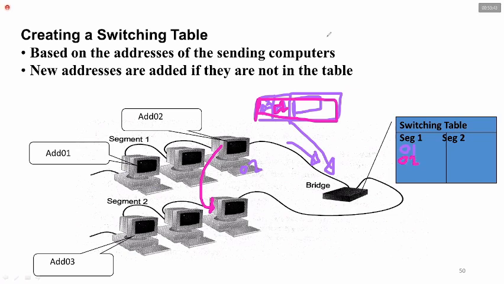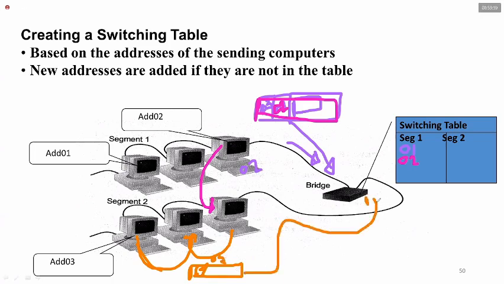Again, let's say this computer is trying to send some information to here. So for this orange color packet, the sender will be 3. That will come to the bridge. When that packet comes, the bridge understands that somebody called 3 is in segment 2, because the packet with the sender address 3 came to me from segment 2.